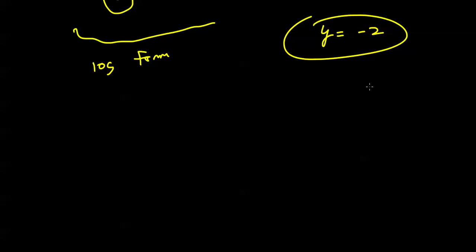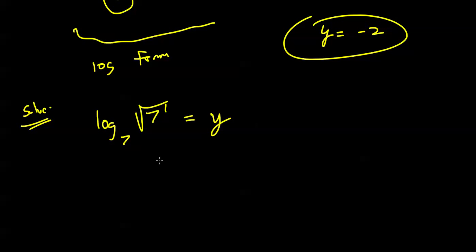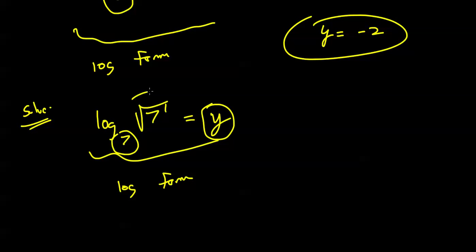Let's try another one. The log of the square root of 7 base 7 equals y. I'll ask you to solve this equation. Well, don't panic. Again, you're starting out in log form here. Probably best to convert to exponential form. y is the exponent we put on 7 to get the square root of 7.